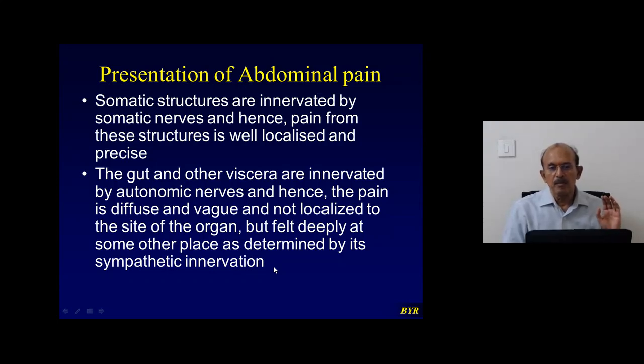For example, just now I told you, if the appendix is swollen, the appendix is situated in the right iliac fossa. When it is distended, then the patient will get pain. And where is the pain felt? Not in the right iliac fossa, but in the umbilical region. Why is the difference there? Because of the autonomic innervation.